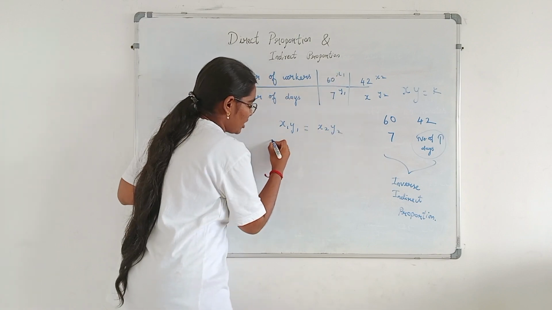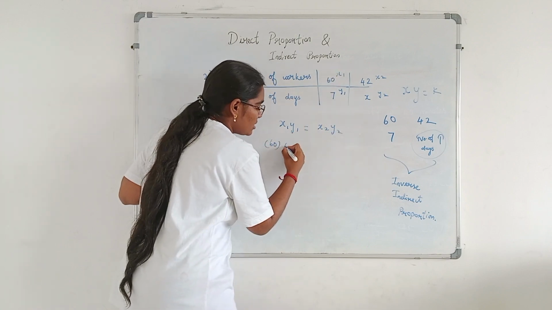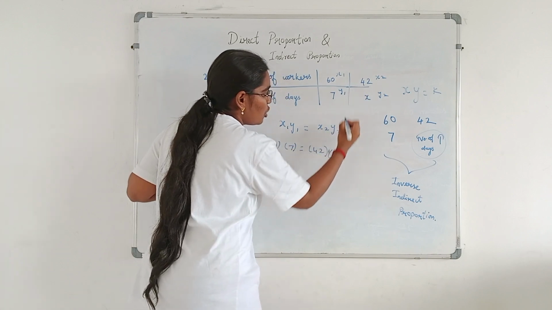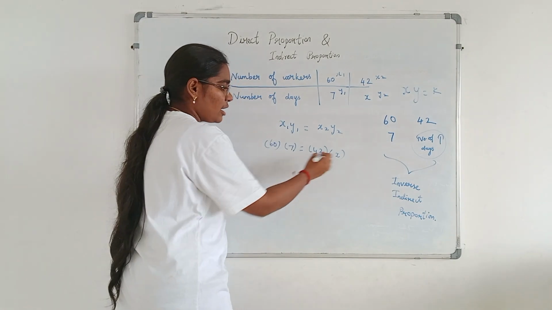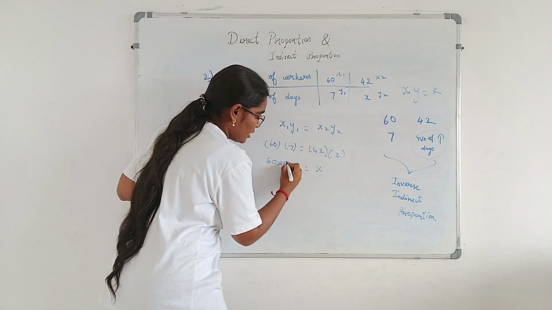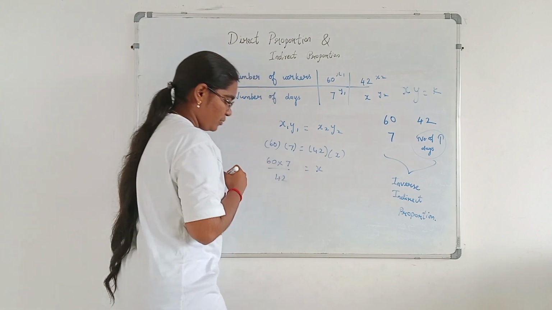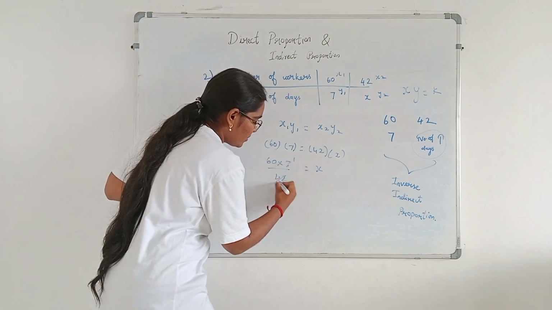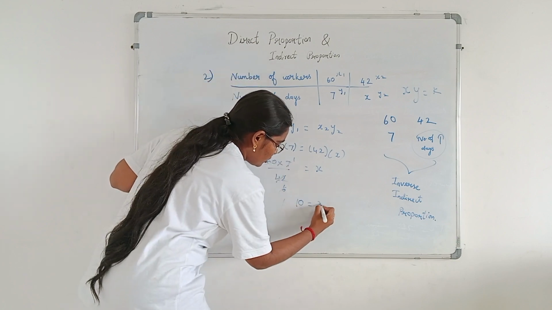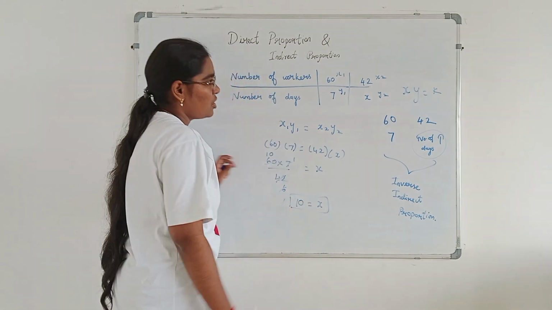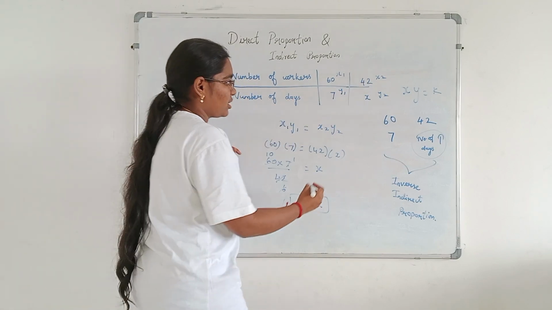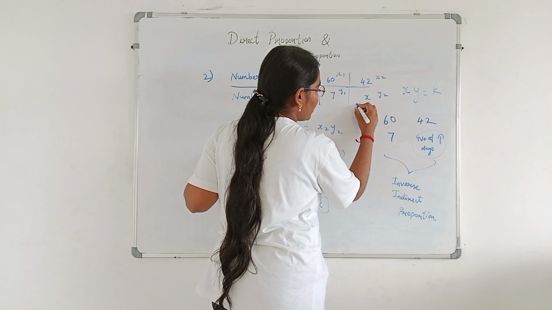What is the value of x1? 60. y1 is 7. x2 is 42, y2 is x. Now we have to find the value of x. So x equals 60 into 7 by 42. Simplifying, 10 equals x. So 42 workers will take 10 days to complete the same work.